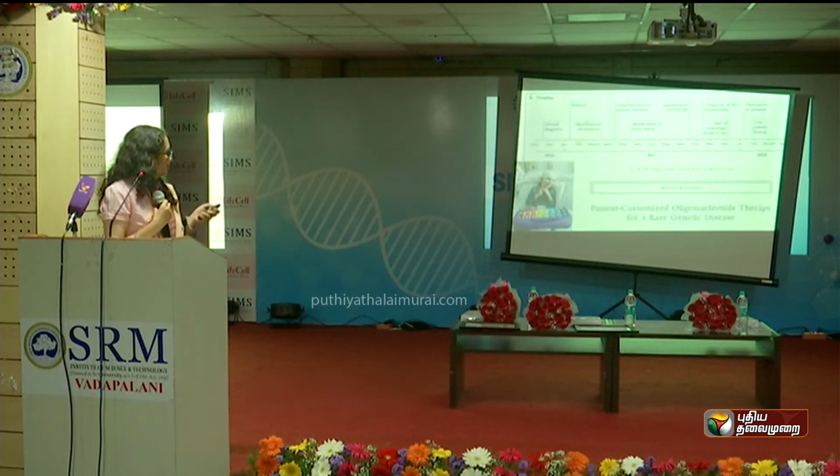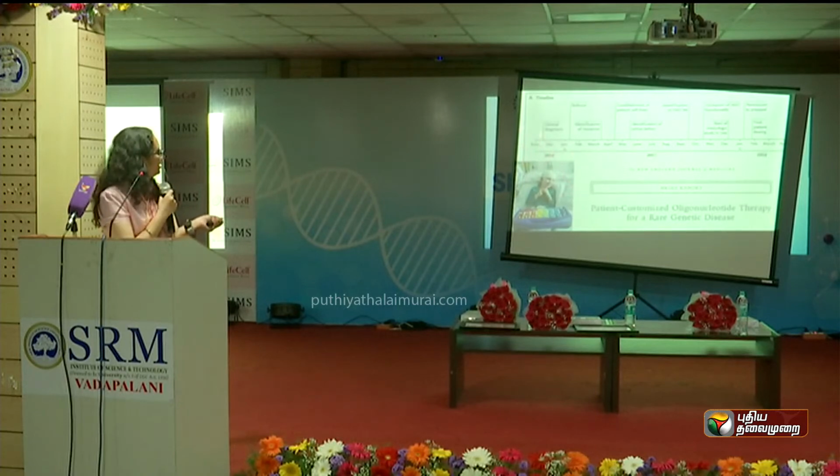And this in fact is the prime example of that. This is not gene therapy, but this girl is the example of how for one patient, one mutation, a drug was designed that worked only for her and nobody else. And this was over a period of the diagnosis being made in 2016, and by 2018 they were able to make a drug for this girl specifically targeting her mutation.